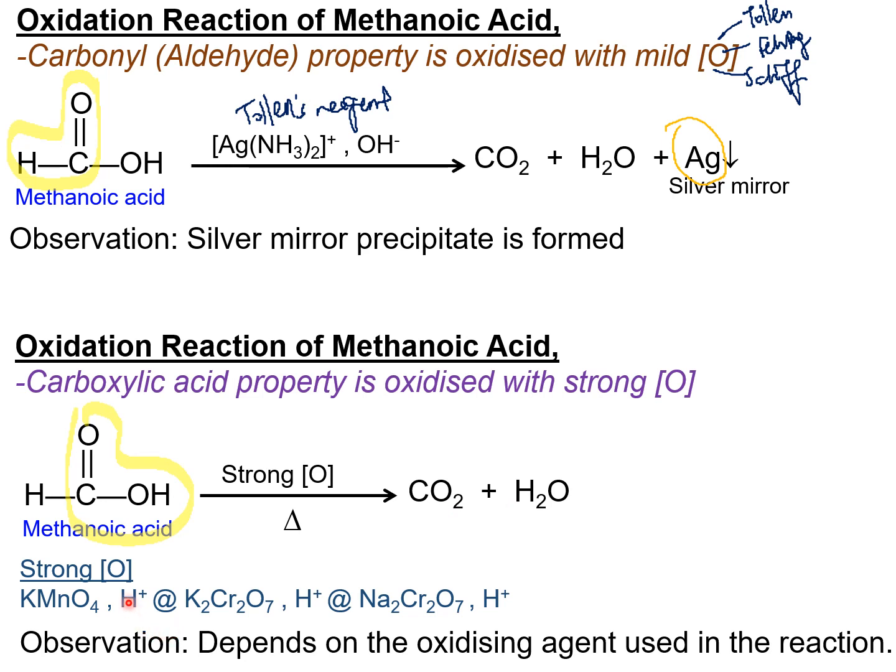Observation akan depends kepada apakah jenis strong oxidizing agent yang digunakan. Kalau you gunakan acidified KMnO4, then if it gives a positive result, since this is a carboxylic acid, you can say that the purple color of potassium permanganate solution decolorized. Kalau you gunakan dichromate solution, you can say that for the positive observation, the dichromate solution turns to green.